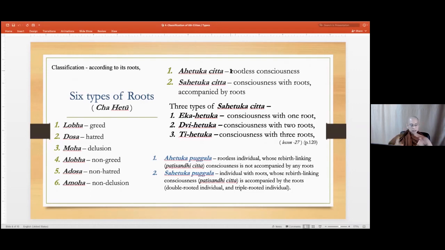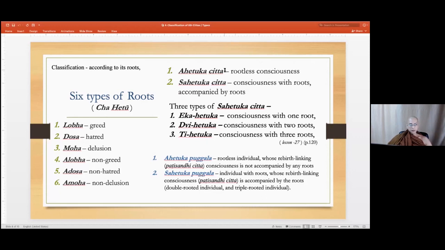Consciousness can be classified as ahetuka, or the second type, sahetuka. Ahetuka means rootless consciousness. There are no roots, meaning it is not related to any of the six roots. That type of consciousness is called ahetuka citta, rootless consciousness.